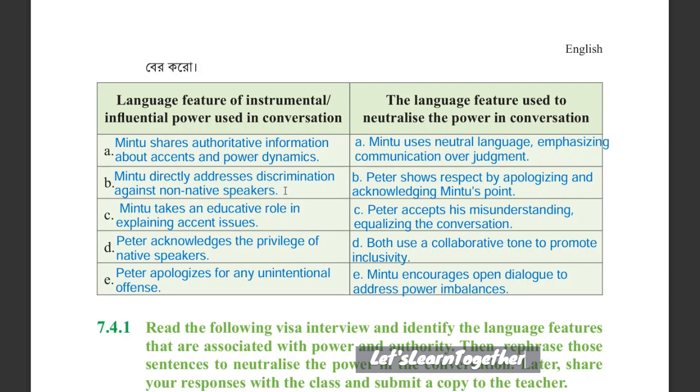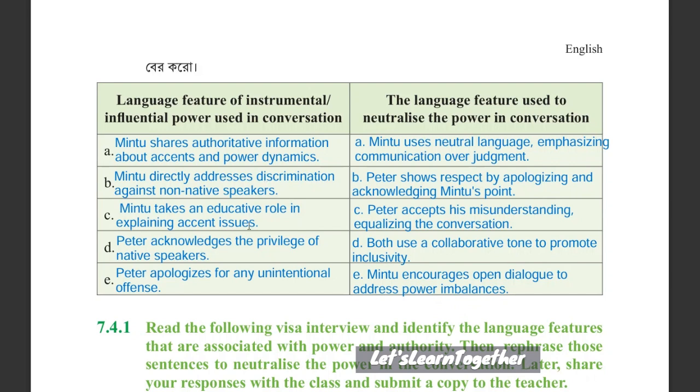That means Mintu said in one of his statements that mostly, non-native speakers face discrimination because of having an accent in a specific language. He told this to Peter very directly, and this showed a sort of influential power, a strong sense in the conversation.